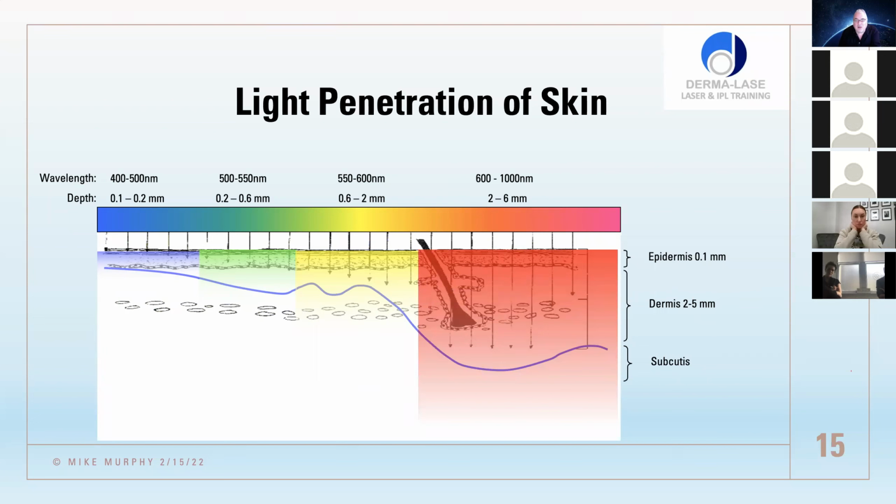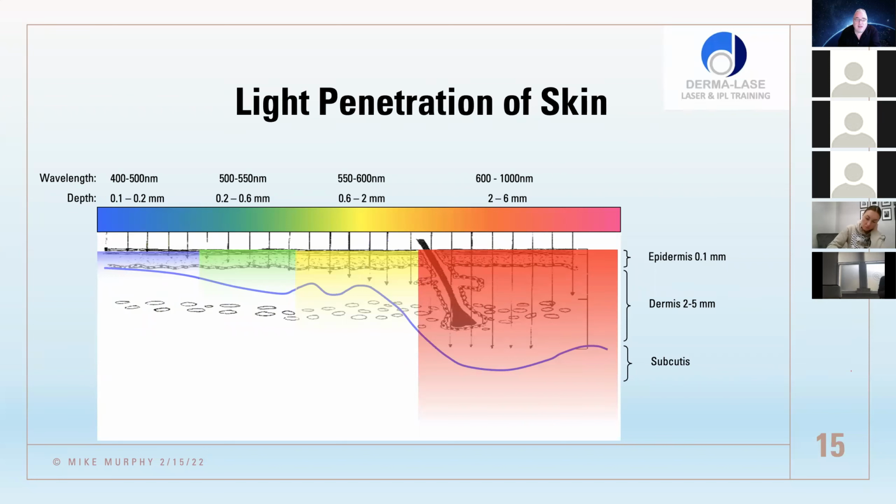If you've got a deep target, like a hair follicle, there's no point trying to use blue or green or yellow light, because the energy just can't get down to the germ cells in the follicle. You have to use red light for that. Likewise, if you wanted to treat something that was very superficial, like freckles, for example, then you could use blue or green light to do that, because you don't need energy to go deep into the skin, because they're not deep.